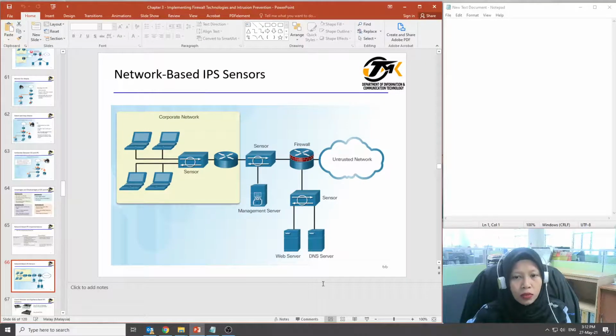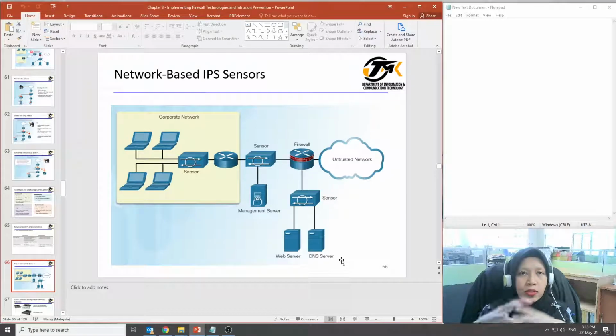Okay, this is how the network-based sensor is located. As you can see, it must be located before the exit to the gateway. This is the gateway, a router and firewall at the same time. Let's say you have an implementation of DMZ with a lot of servers.